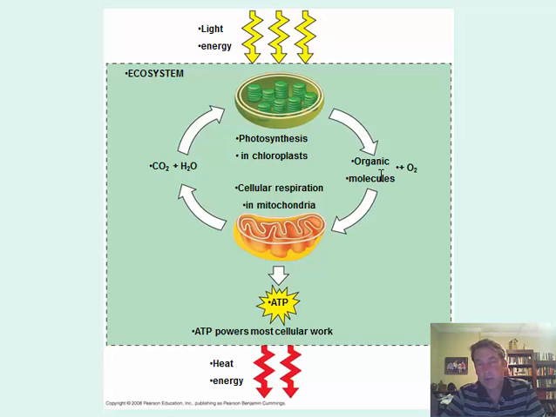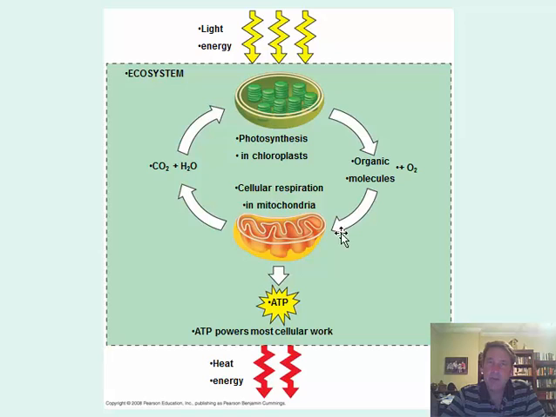And these organic molecules are the glucose and other molecules that are used in cellular respiration. Also, oxygen is released from photosynthesis, and that's used in cellular respiration. Through a series of reactions, cellular respiration releases carbon dioxide and water, and most importantly, this ATP molecule that is used to power our cellular work. We've mentioned that molecule already.